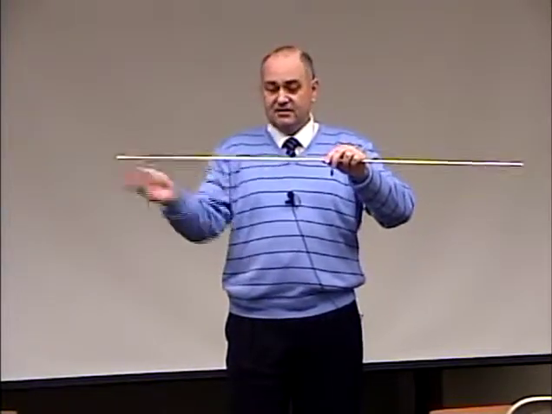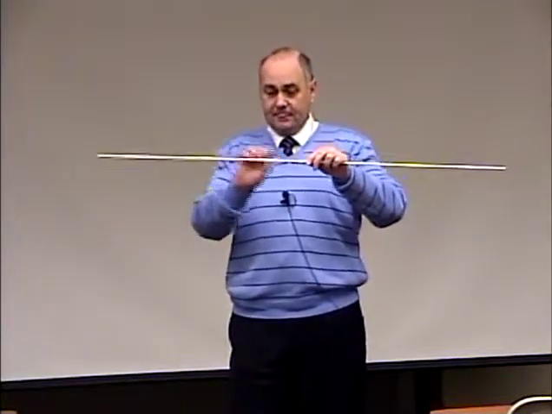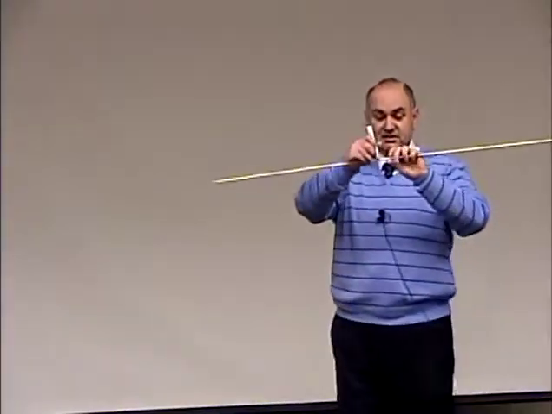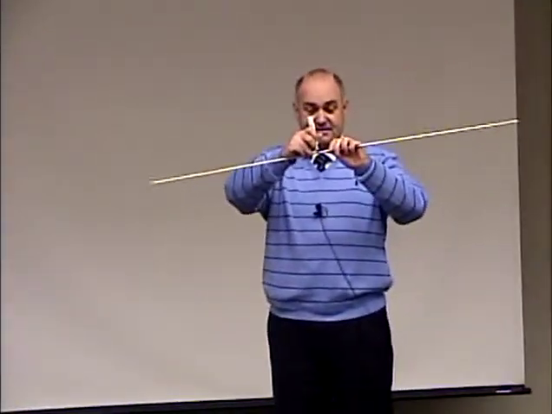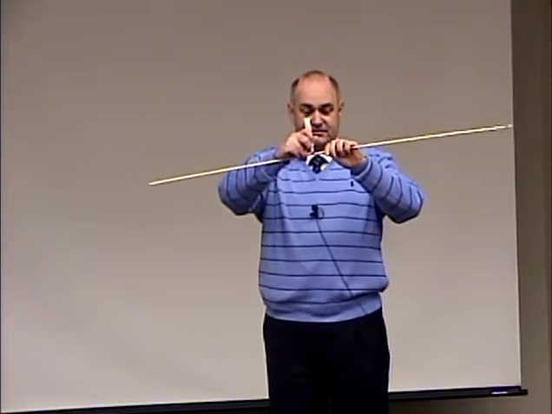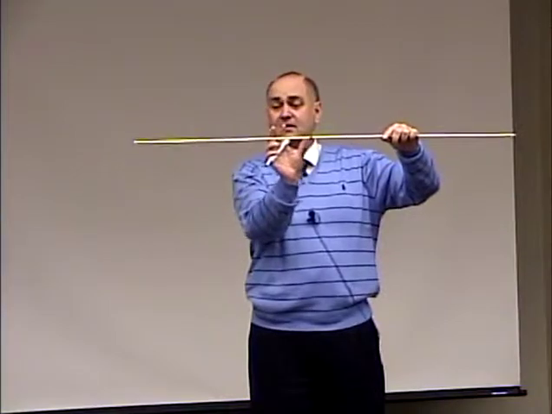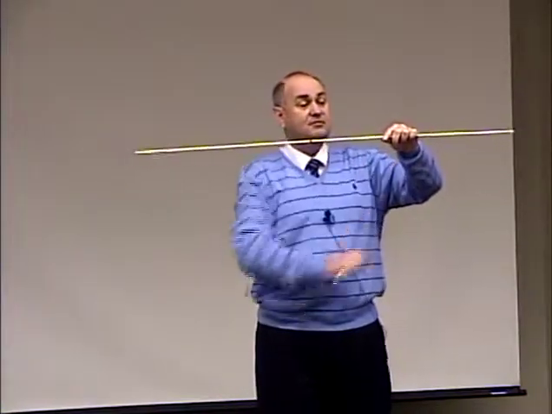Now, before I even break it, let me mark it, let's say, over here. So this entire rigid body is actually composed of one rigid body here and one rigid body here.